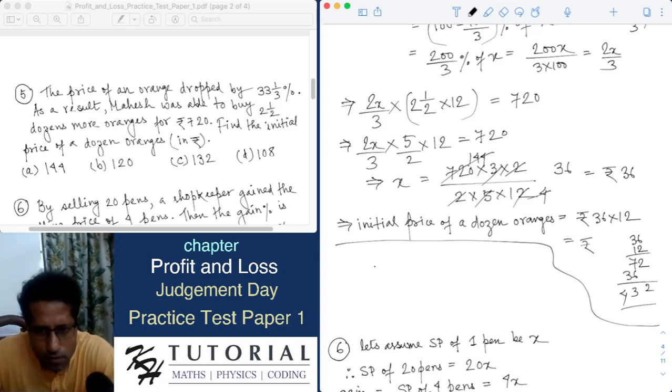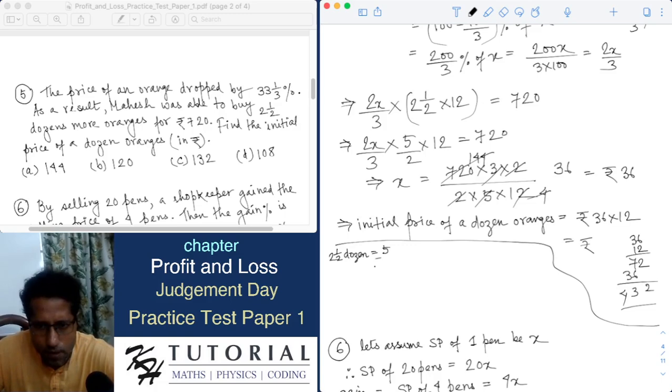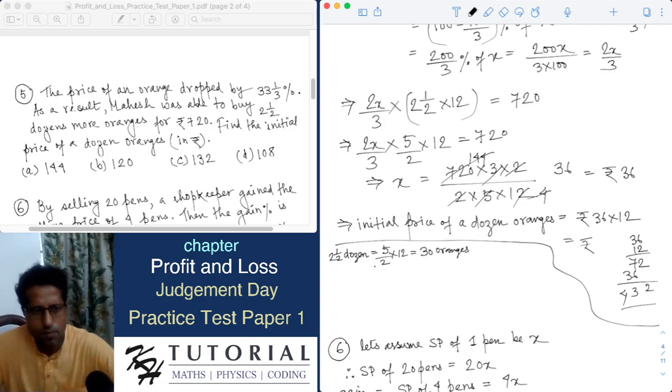Now, first of all, 2.5 dozen is equal to 5 by 2 into 12. This is 30 oranges. So Mahesh was able to buy 30 oranges more for rupees 720.